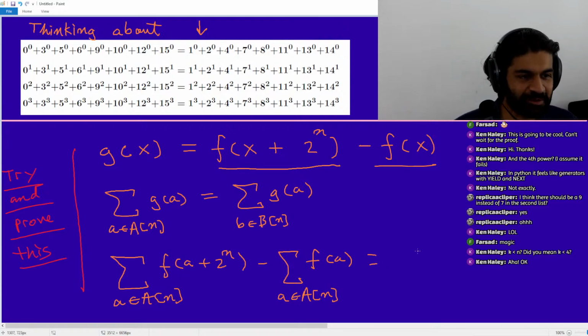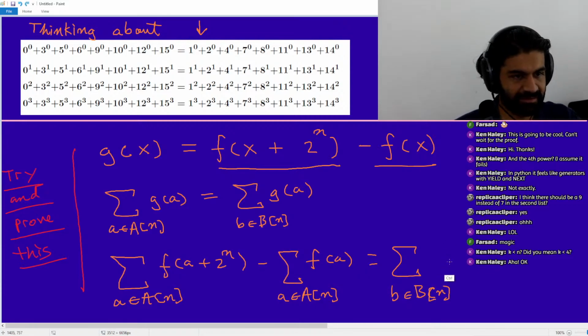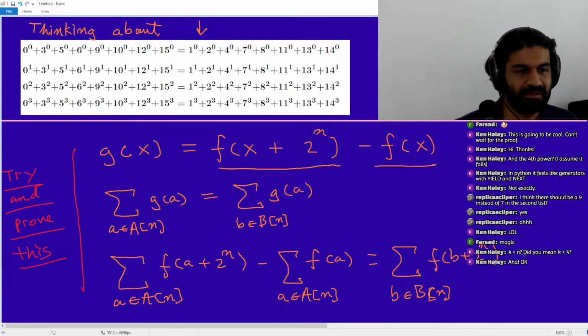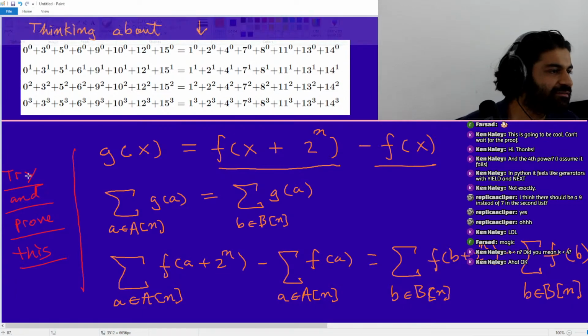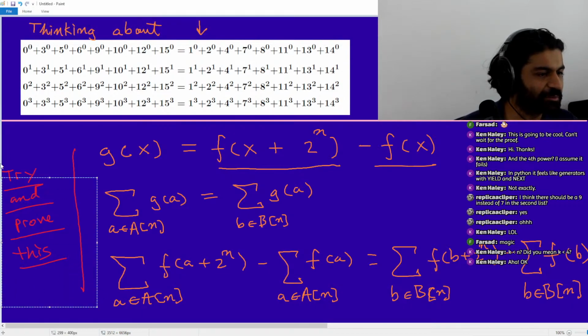That's going to equal the sum over all terms b in bn of f of b plus 2 to the n, minus the sum over bn of f of b. Let me just make myself a little bit more room.